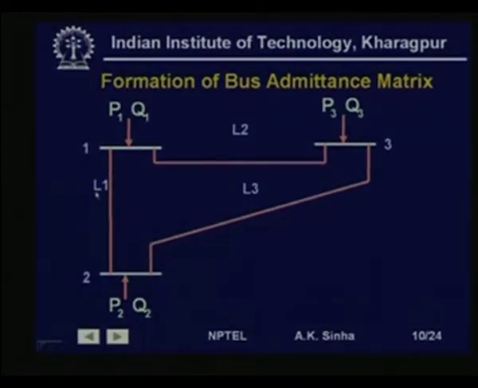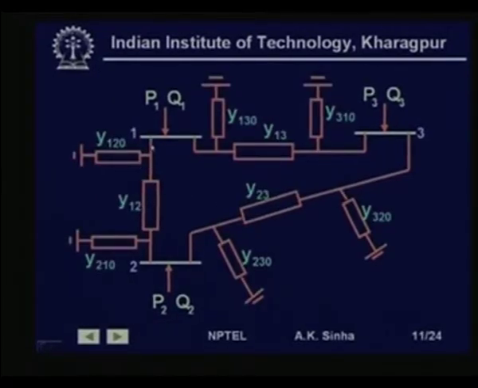Now, if you model these lines L1, L2, L3 by their pi equivalent model, then the circuit will look something like this as shown here, where for line L1 which is connecting bus 1 to bus 2, Y12 is representing the series admittance of the line, Y120 is representing the shunt admittance of the line, which is basically the line charging capacitance, at the end towards bus 1, and similarly Y210 is the shunt admittance of the line at the bus end 2.